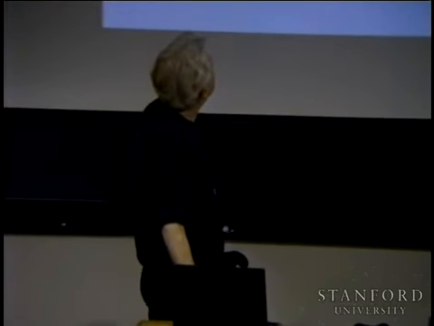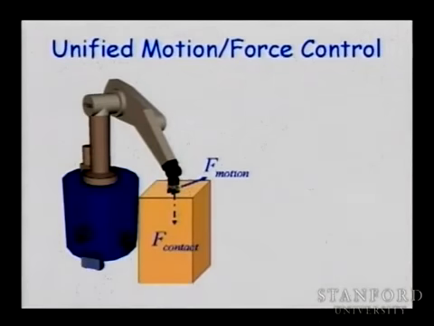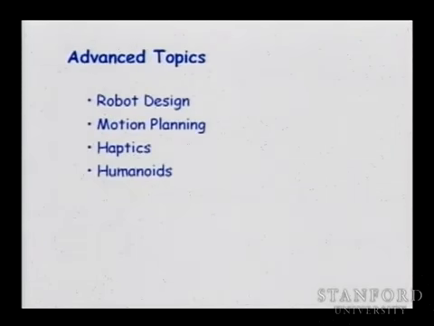So we need to deal with force control, and we need to stabilize the transition from free space to contact space. That is, we need to be able to control these contact forces while moving. And what is nice is that if you do this in the Cartesian space or in the task space, you will be able to just merge the two forces together to control the robot directly to produce motion and contact.